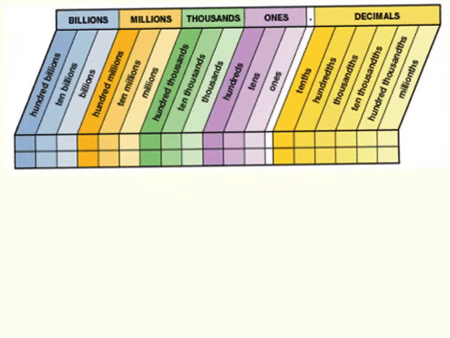So let's try something else. Let's try another one. Let's try 25.46. Let's round this one to the nearest tenths. Again, we find our tenths place value, which is right there. We know that we're going to do something with this 4. The 6 is going to tell us what to do with it.